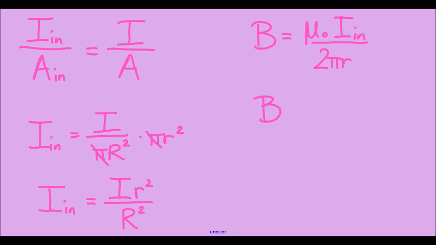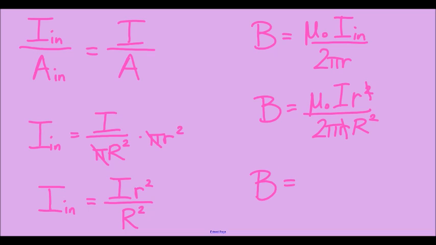When I plug that into my expression for magnetic field, I have mu naught times the total current times little r squared divided by 2 pi little r times big R squared. And of course, this square cancels out with that r right here.